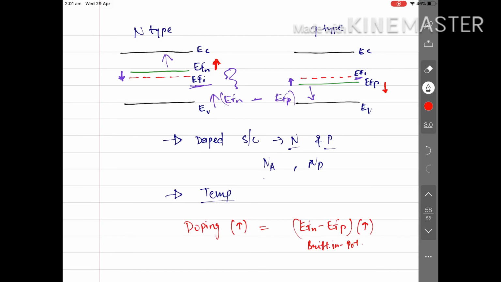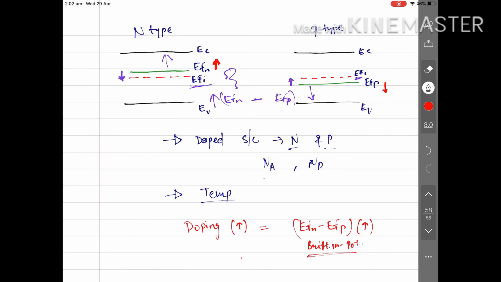This EFN minus EFP is nothing but our built-in potential. So we can say that as we increase the doping, the gap between the Fermi levels increases, and as a result the built-in potential also increases.